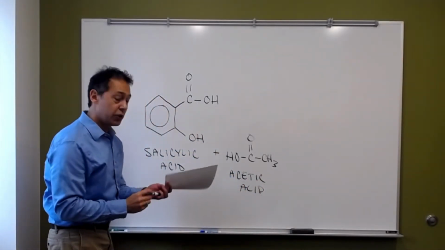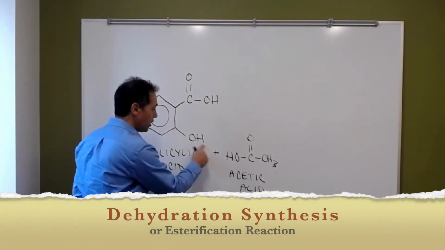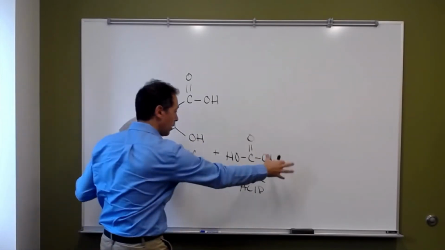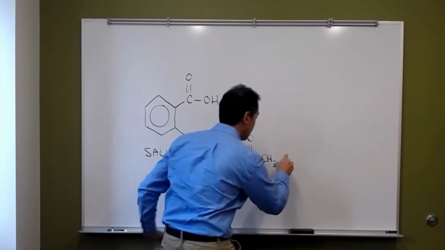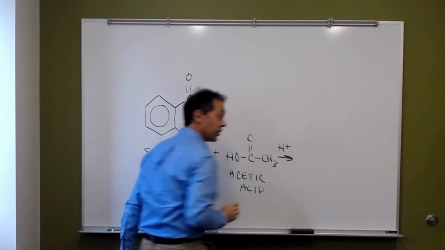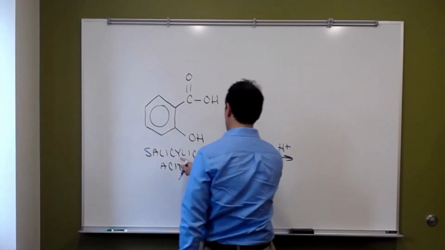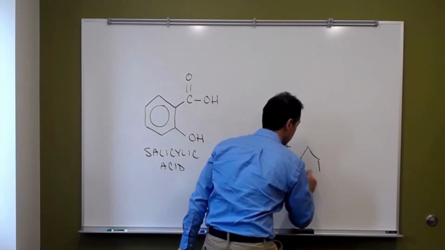And we're going to do here a dehydration synthesis. We're going to take the OH from here and the hydrogen from here, remove water, and combine these two molecules together. And so what does that look like? Well, here it's going to require acidic conditions. And we're going to take our molecule here, our salicylic acid, and it's going to look like this.